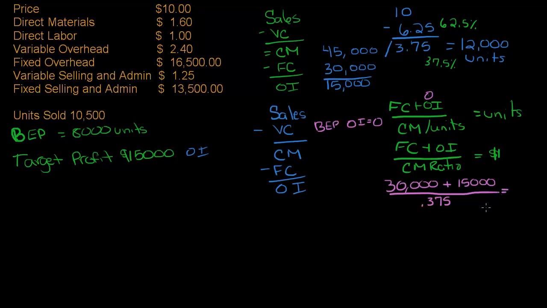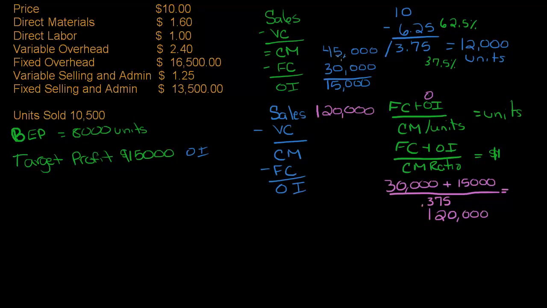That equals, if I do the math, 120,000. Okay, you could also take 12,000 units times $10 per unit. Okay, so my sales are 120,000. See, through the magic of video, I got rid of that stuff that was there. Very exciting.